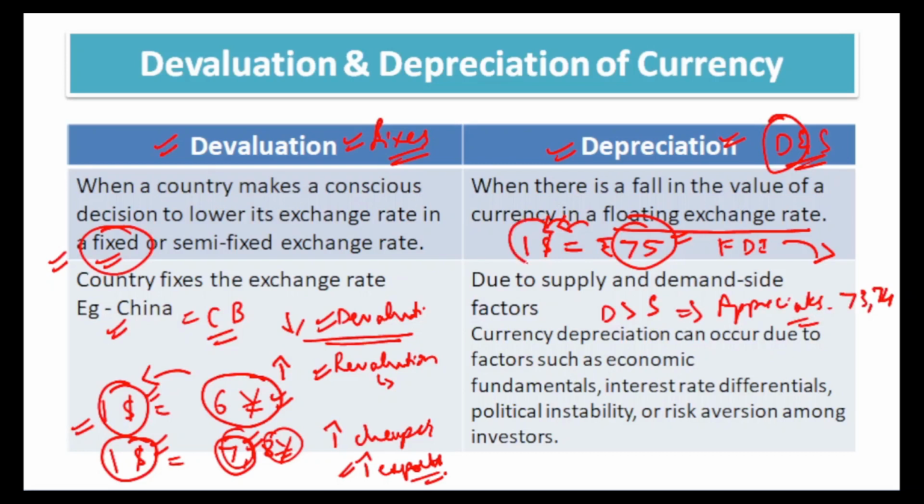Now by giving $1, currently they are getting 75 rupees. When the value of the rupee appreciates, that is, the value of the rupee increases as against the dollar, we just have to give 73 rupees to get $1.